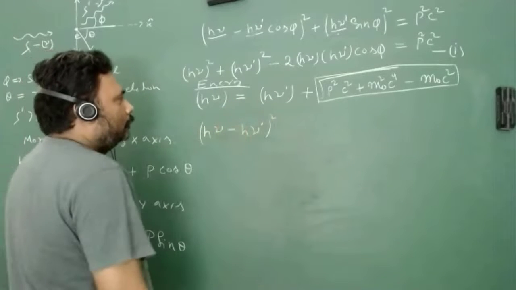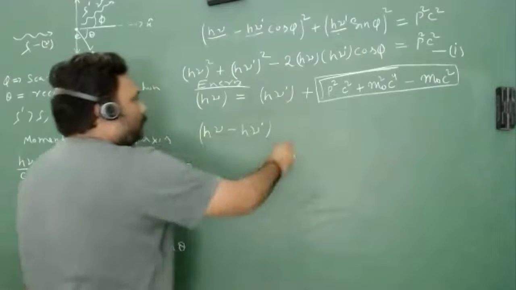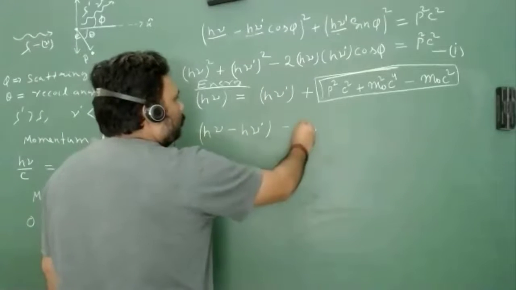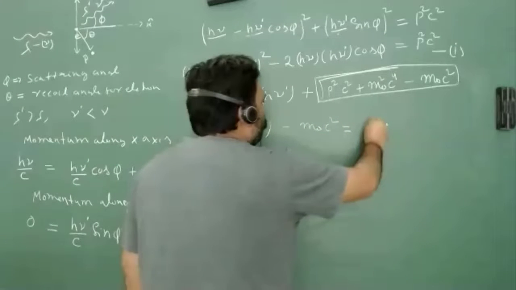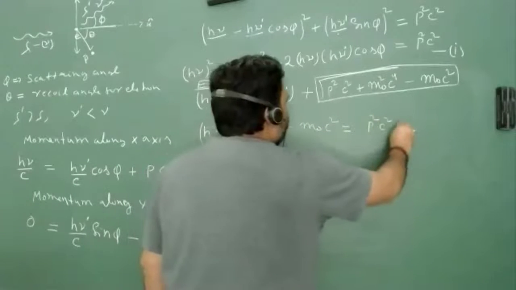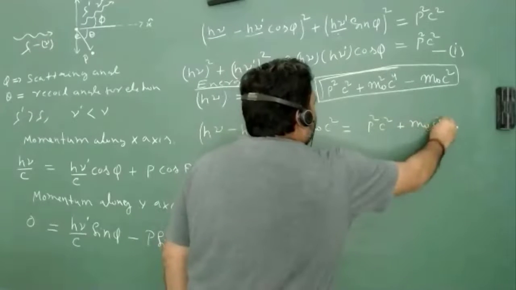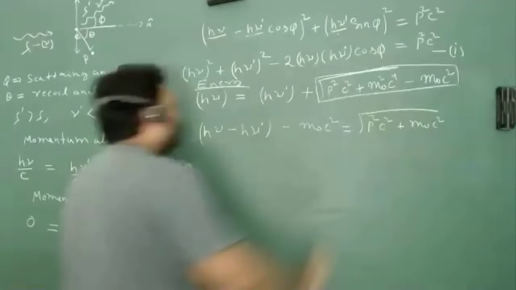So this will be h nu minus h nu dash plus m naught c square is equal to root under p square c square plus m naught square c to the power 4. Okay, don't worry.